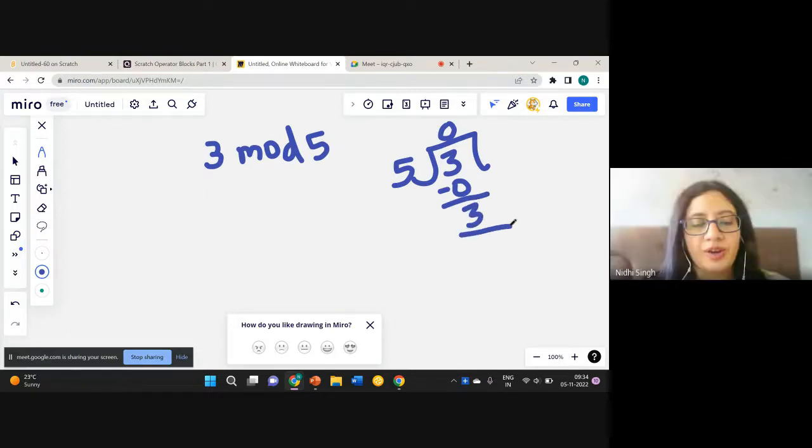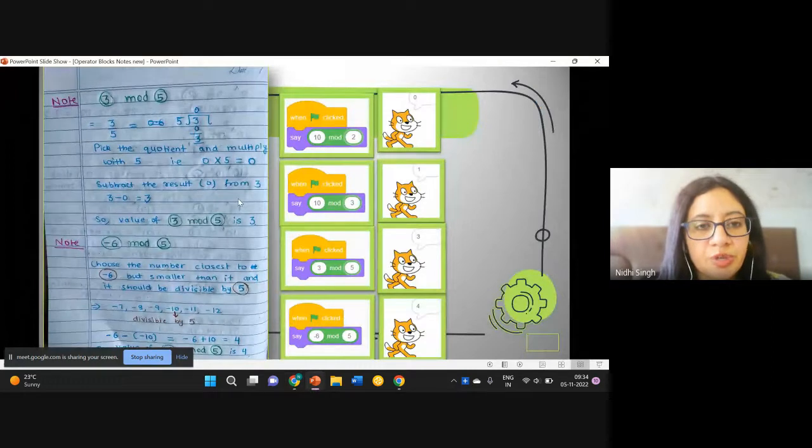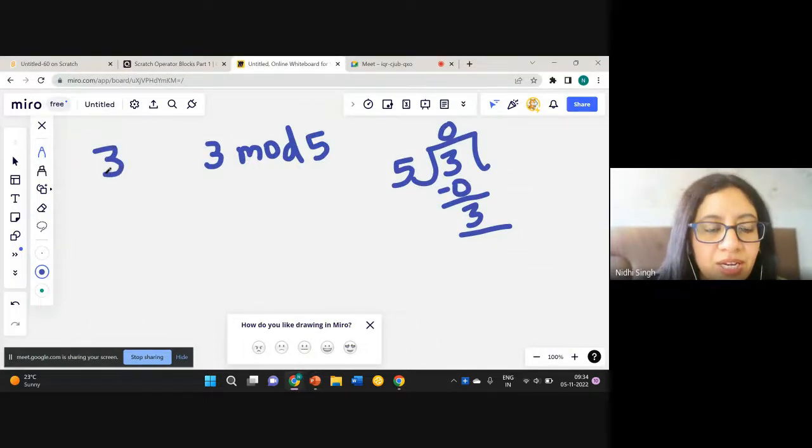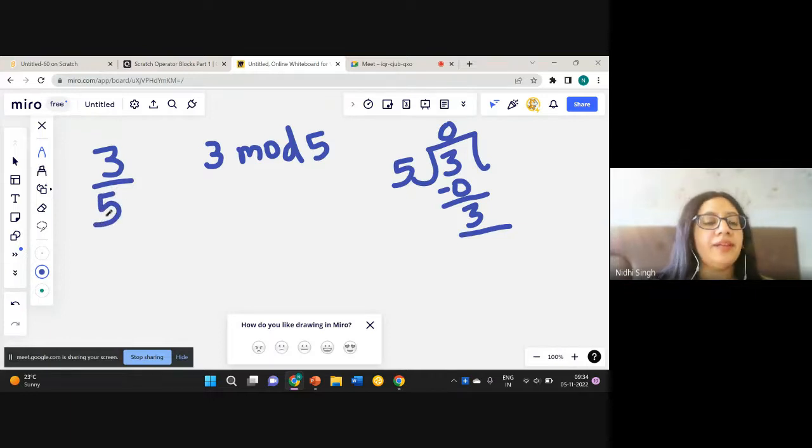Now you will pick the quotient and multiply it with your denominator. If we put 3 by 5 in fraction form, the numerator will always be the dividend and the denominator will always be the divisor.